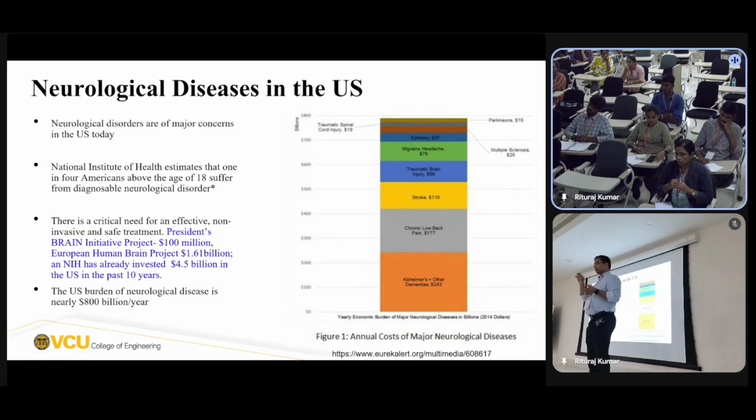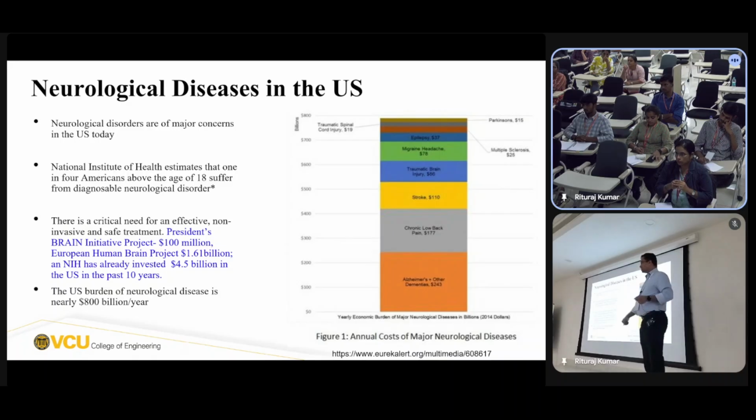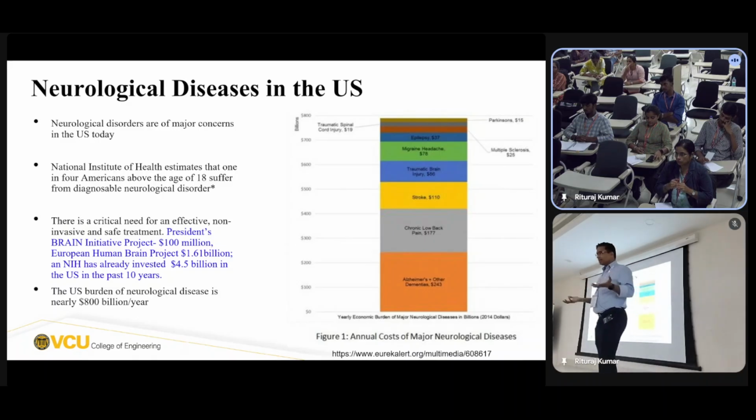You get them because neurons wear out and there is plaque in the brain, and that causes memory loss and movement issues. So more and more people are suffering from neurodegenerative diseases because the mean age of the population is increasing.